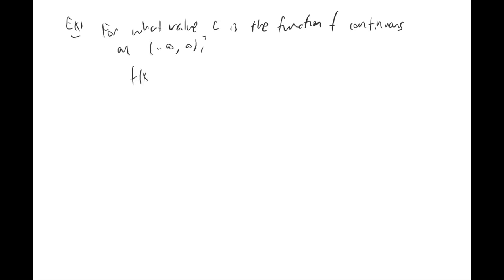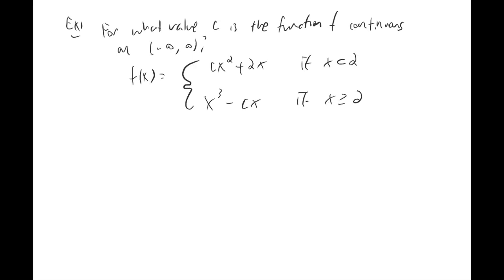They give f(x) is cx squared plus 2x if x less than 2, and x cubed minus cx if x bigger than or equal to 2. So again, you do the same thing, you apply steps one and two.